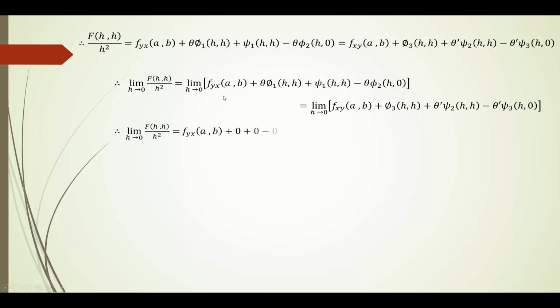Now taking limit of this term, so limit of h tends to 0 f of h upon h square is equal to f_yx(a, b). This is a constant term, so as it is f_yx(a, b).